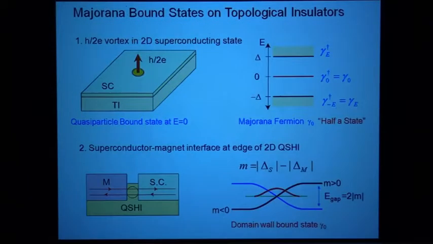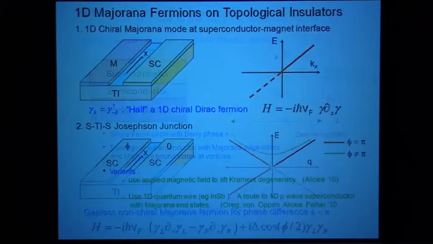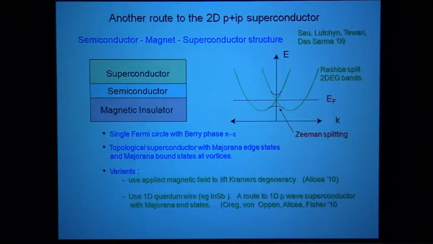Now, an important insight. This idea that you could do it with a topological insulator was the first idea, that you can use a proximity effect. But shortly afterwards, it was realized that you don't really need the topological insulator. What you really need is this half of an electron gas.